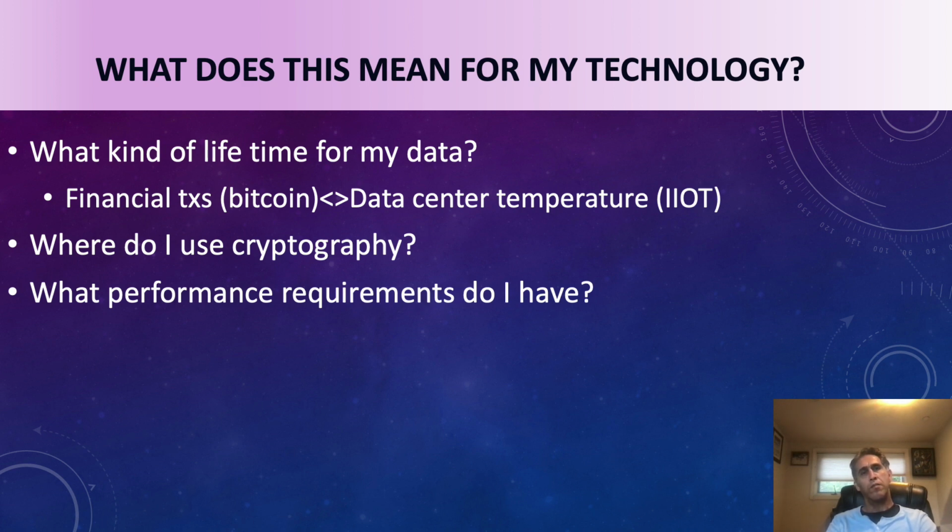The other thing you need to think about is where I use my cryptography. I talked about this a little bit, and what performance requirements I have. Just to give you an example, I have a Peloton, and sometimes if I don't use it for any reason, if I go ride my bike outside or I'm sick, 2 weeks later I come and see the Peloton completely turned off.